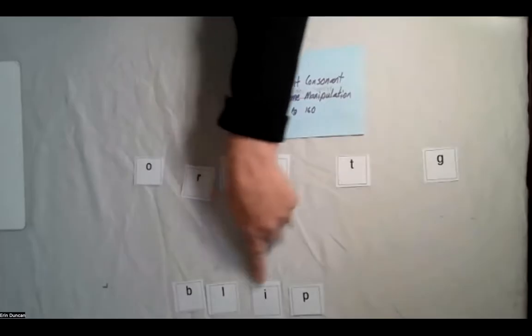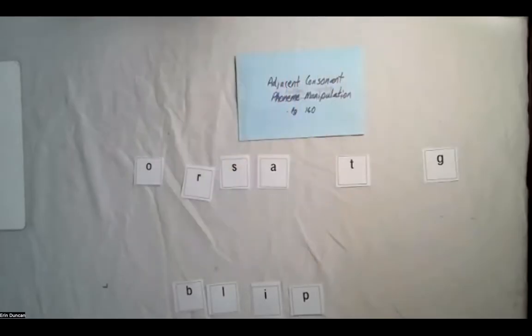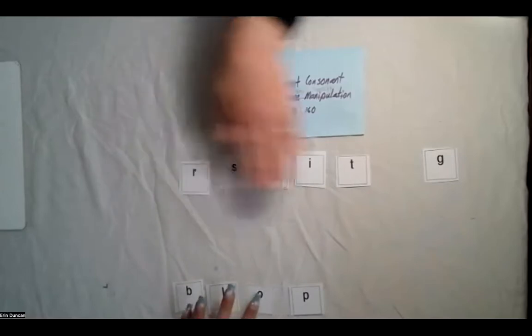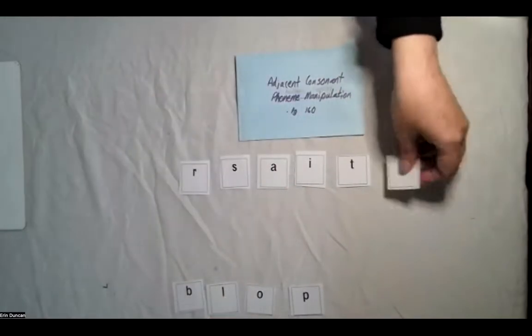Okay, let's read this one. Blip. Great. And I'm going to keep doing this whole lesson with Sam because if some of you remember on the testing, changing sounds in words wasn't the easiest for her, right? And you remember, Samantha, you wanted to learn to do that a little better, right? So let's change blip to blop. What's that new sound? Blop. Beautiful.